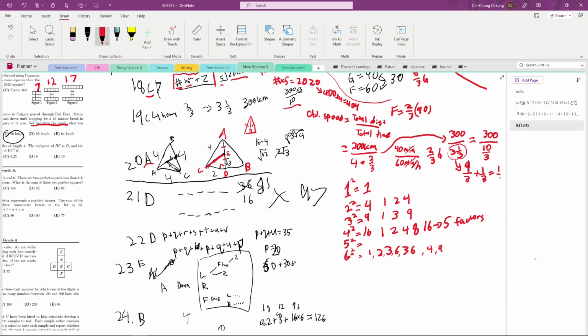And if I did a sanity check, alarm bells should be ringing because 4 squared and 6 squared are completely different. The factors of 4 are 2 and 2, so there's going to be repeats. But in 6, it's 2 and 3, so there's fewer repeats. How come they have the same amount of factors?